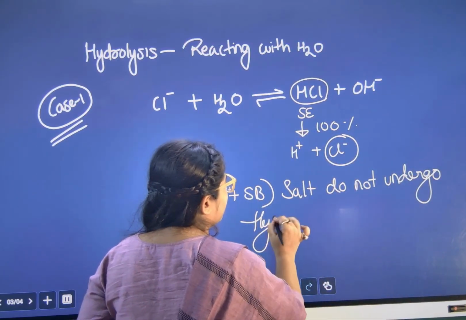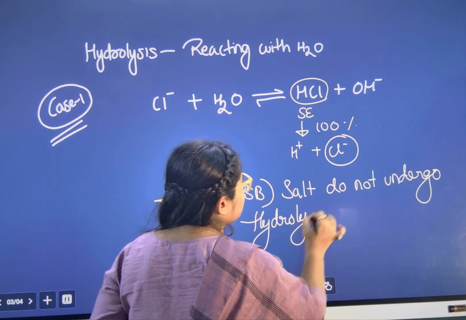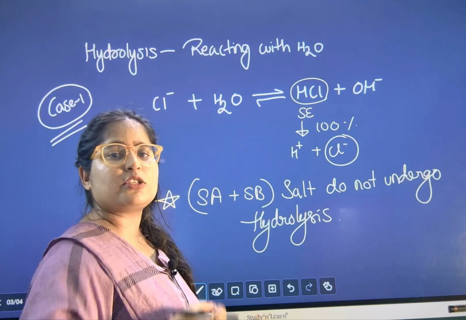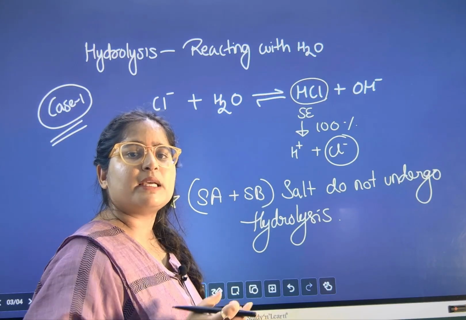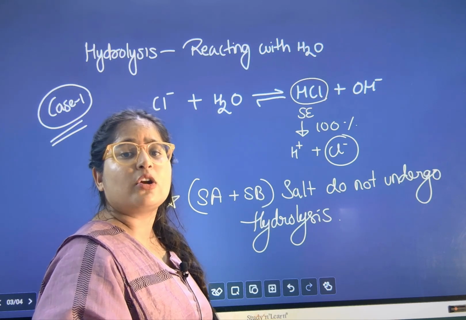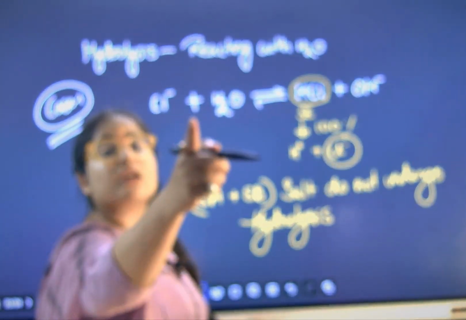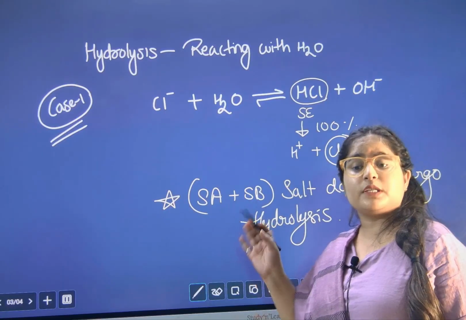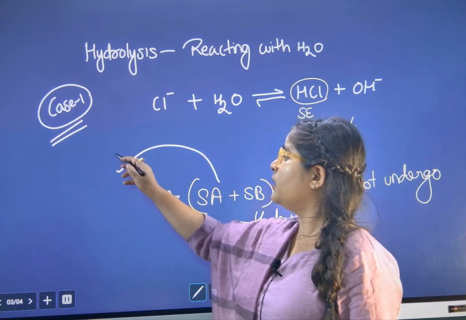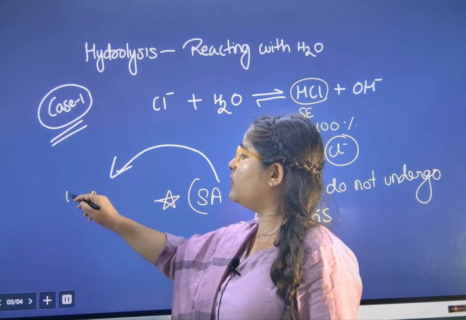Very, very important. Whenever you see a strong acid, strong base salt, it will not undergo hydrolysis. If it does not undergo hydrolysis, pH is governed by whom? Water. So if a strong acid, strong base salt is not undergoing hydrolysis, pH will be governed by water.